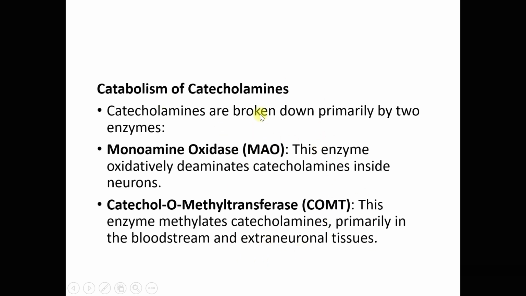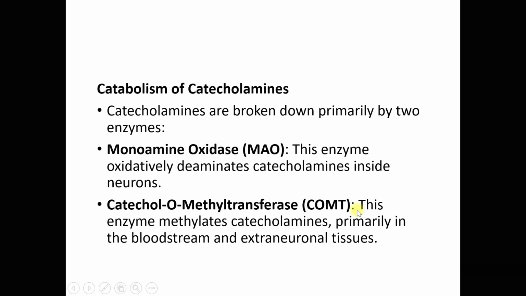So the main difference is that monoamine oxidase works by oxidation inside neurons, whereas catechol O-methyltransferase works in the bloodstream and extraneuronal tissues.